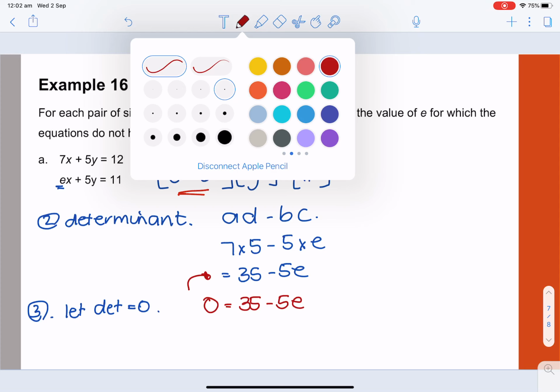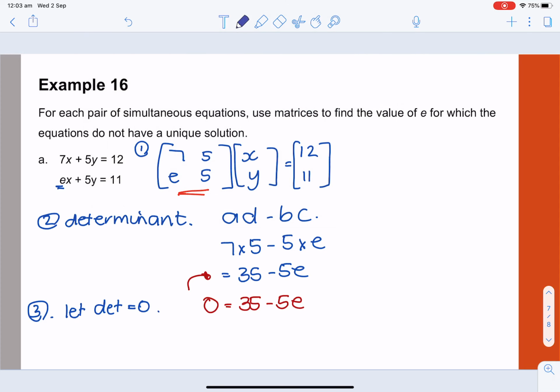Remembering our algebra rules, in order to move this onto the other side, I add 5e to that side, add 5e to that side, and at the moment I've got 5e is equal to 35. Next step in algebra, I'm going to divide both sides by 5. Whatever I do on the left hand side, I do have to do on the right hand side, and e is equal to 7.